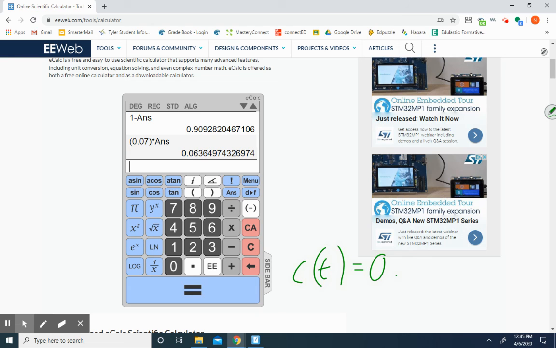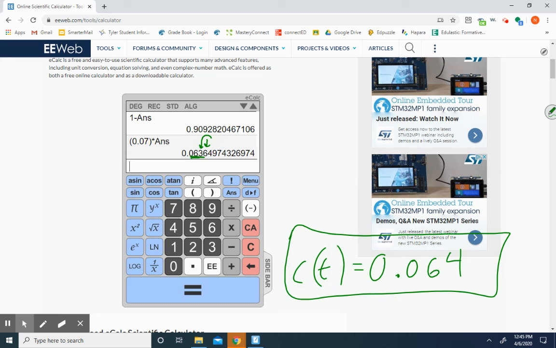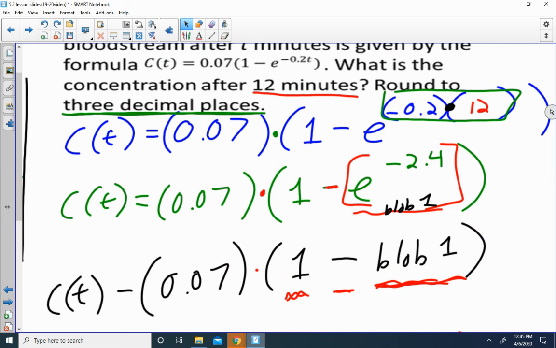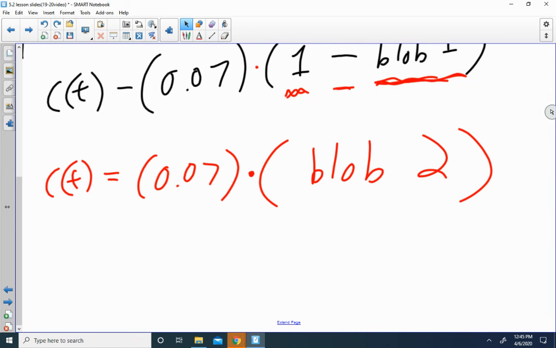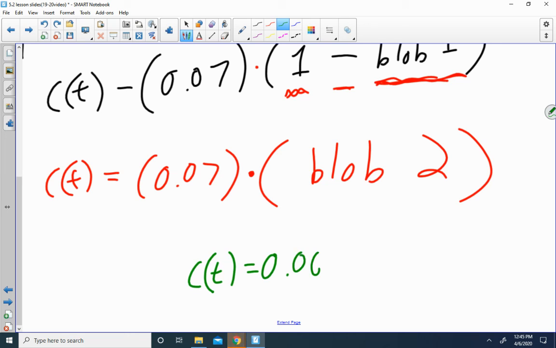I'm going to round this to 0.064, because here are 3 decimal places. This is the 4th decimal. 6 and above tells me I got to round up that 3. So the concentration is 0.064. So then in the program, just write that down. The concentration is 0.064.